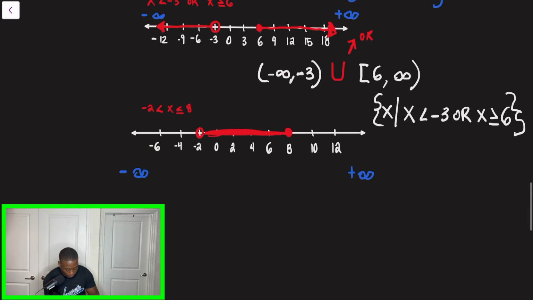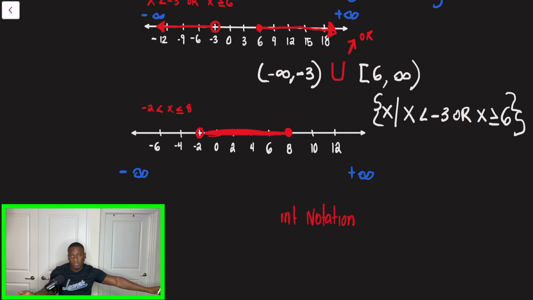So when we're talking about interval notation, guys, just remember this part right here. So this interval notation is going to be different. So we're talking about the numbers that are included in the graph. So there's not going to be any infinity in this one because it's not going all the way down to the negative side or all the way down to the positive side, right?